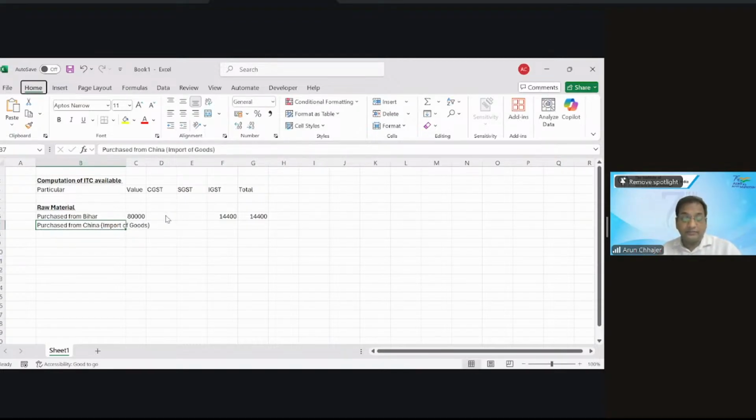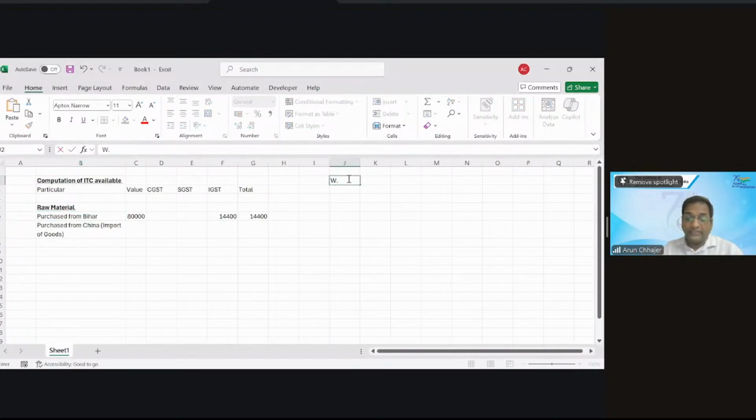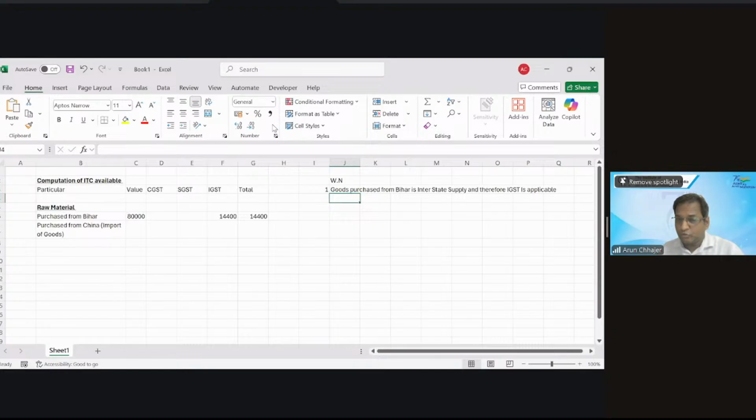So again, why there is an IGST, you can write one simple working note like that: goods purchased from Bihar is interstate supply and therefore IGST is applicable. Small note will help you.